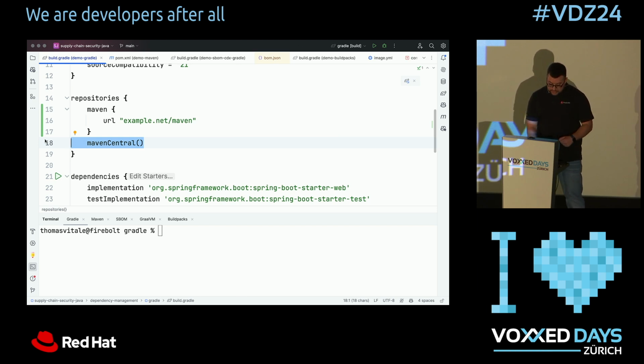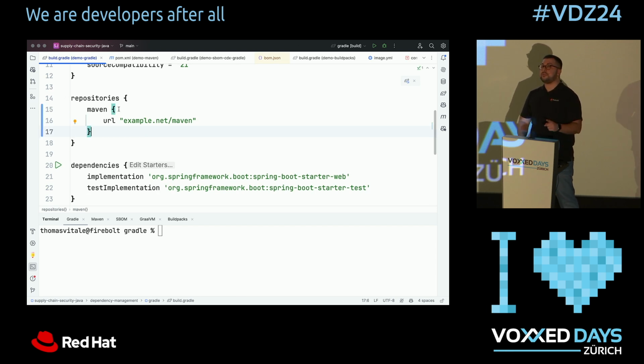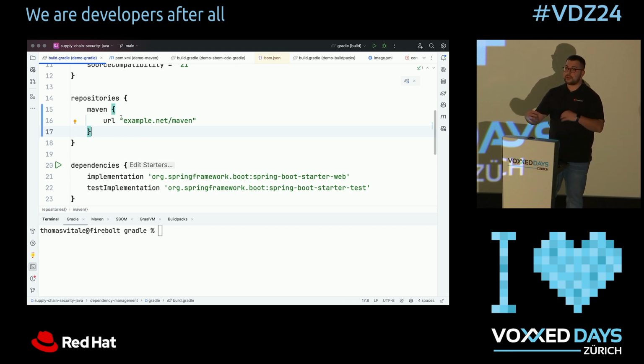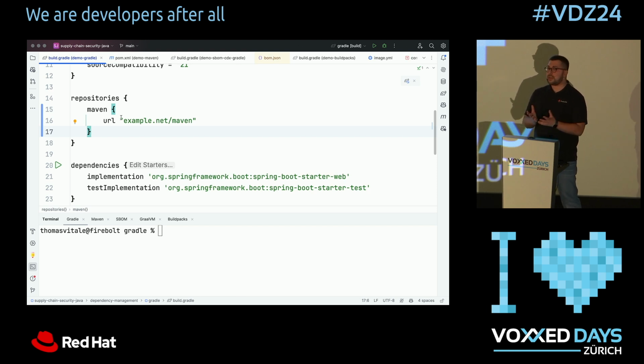So as a developer, I don't have to be concerned with fetching from too many repositories with the risk of using them wrong. I might just have one single repository, and then centrally, the team responsible for the enterprise repository might configure a mirror so that it fetches from Maven Central or other repositories. But then you have a central place where to check for vulnerabilities, where to enforce certain policies based on your organization policies. And we might do the same in Maven.